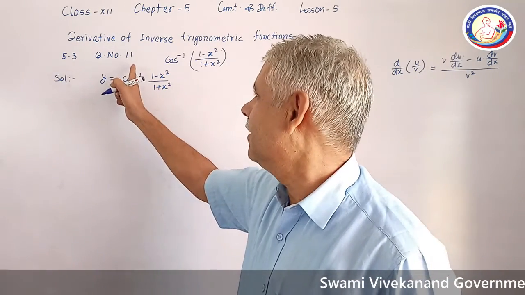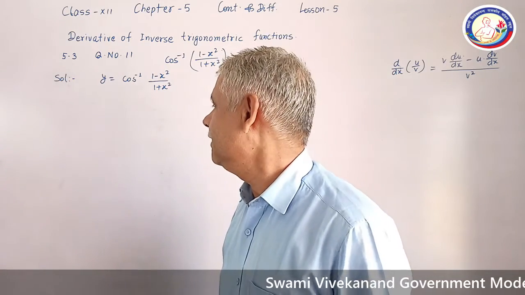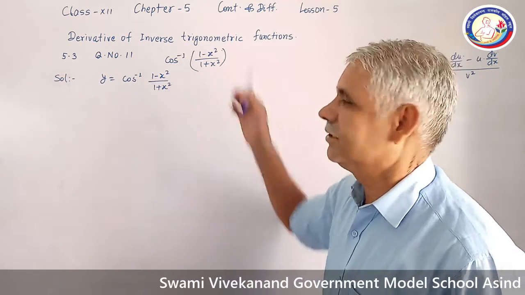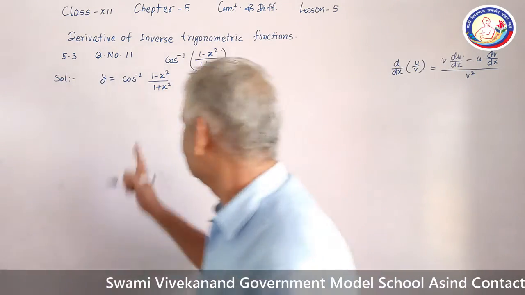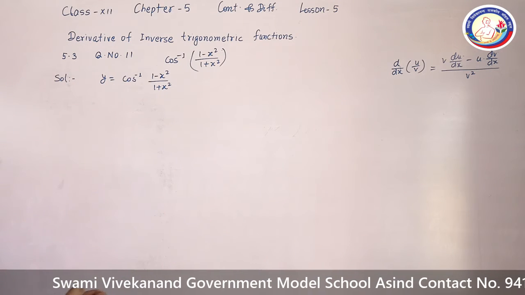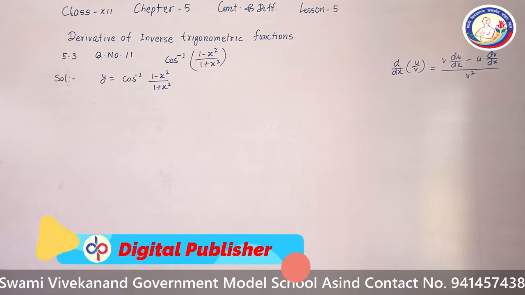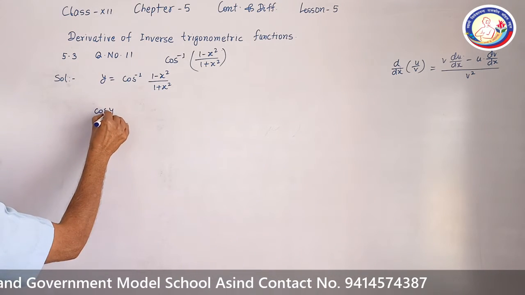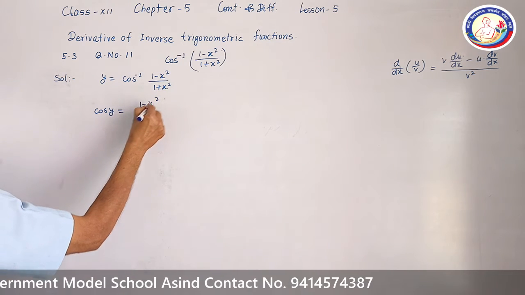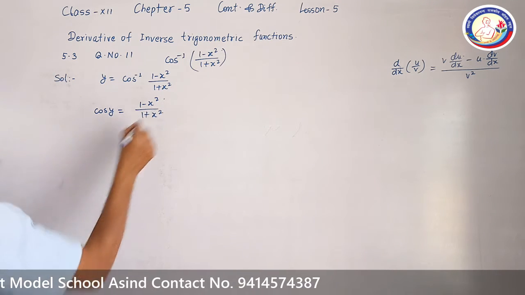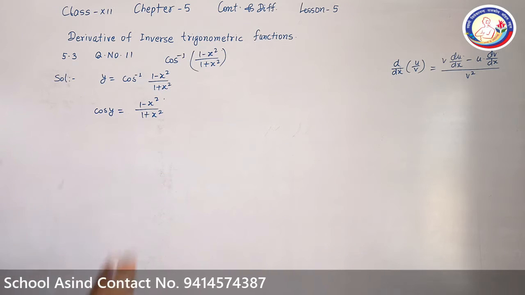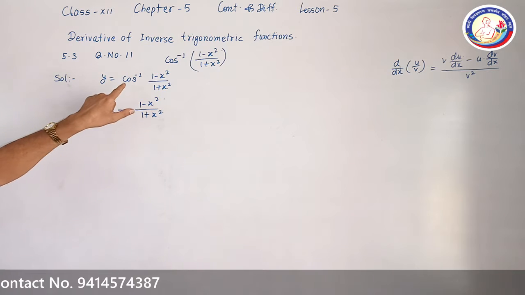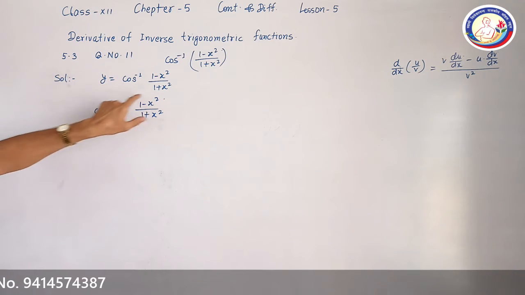This is question number 11 of our exercise 5.3. We have to find the derivative of cos inverse of this. So let this function be denoted by y. Now it is very simple. We can write it as cos y equal to 1 minus x square upon 1 plus x square, because by the definition of inverse function, the cosine of y will be equal to this.